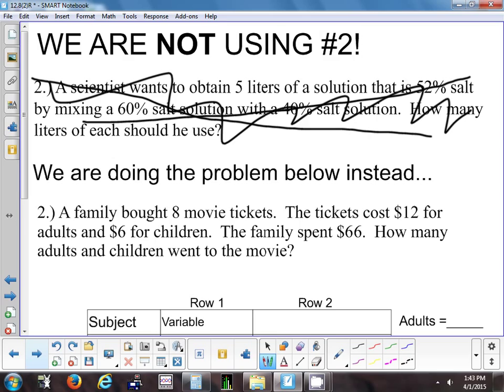You don't need number 2, the one that starts with 'a scientist.' This is the same problem right here. Cross it out. But keep the table, yeah, we will still need the box. You guys are going to fill in the box the best you can. We're still doing the problems.